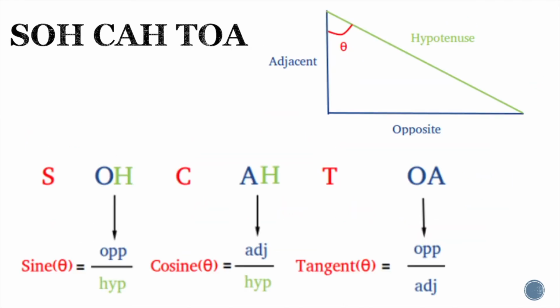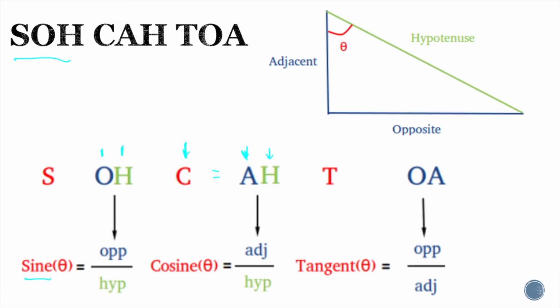If you're wondering, how am I going to remember this? This is a lot. Well, we have an acronym for you. SOHCAHTOA. So we have sine is equal to the opposite divided by the hypotenuse. CAH for cosine is equal to the adjacent divided by the hypotenuse.